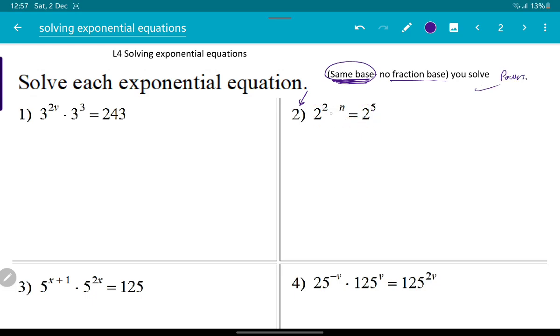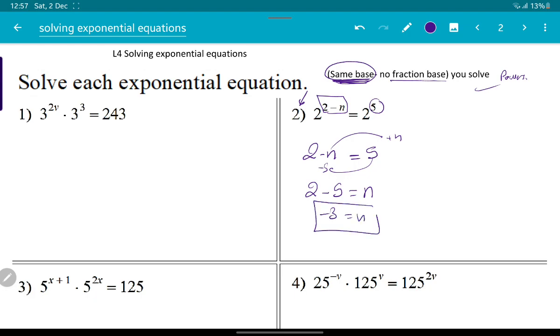So we can take the left exponent 2 minus n, put it equal to the right power. Then how can we solve this? We can switch between the 5 and negative n. This will be 2 minus 5, and this will be positive n. Sorry, this is negative 5, yes. So this is negative 3 equals n.